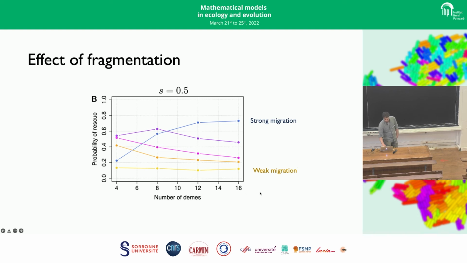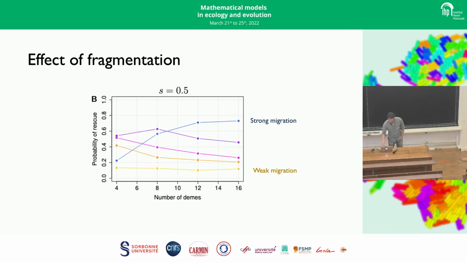But in the stepping stone model, for a given migration rate, the effect of increasing fragmentation can go in both directions. So if we have strong migration, increasing the number of demes, the population structure, can be very beneficial for rescue. If we have weak migration, not much is happening. And if we have intermediate migration rates, we might actually see that this disadvantage gets reduced.